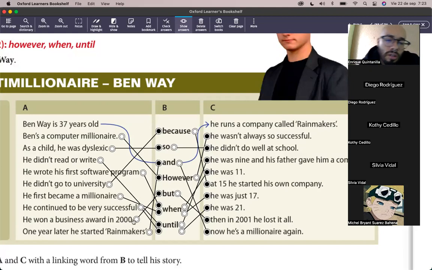One year later, he started Rainmakers, and now he's a millionaire. All correct, guys?